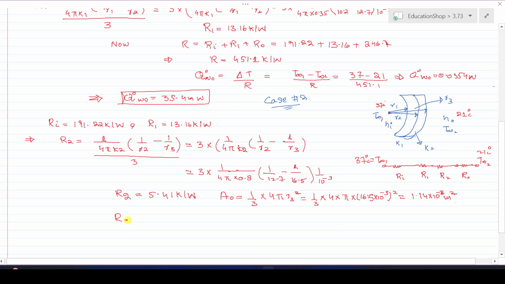And R0 is equal to 1 divided by H0 A0. That is 1 divided by H0, which is 6, multiplied by the A0 value, 1.14 multiplied by 10 to the power minus 3. Solve this on the calculator and it will give you the R0 value, that is 146.2 Kelvin per watt.